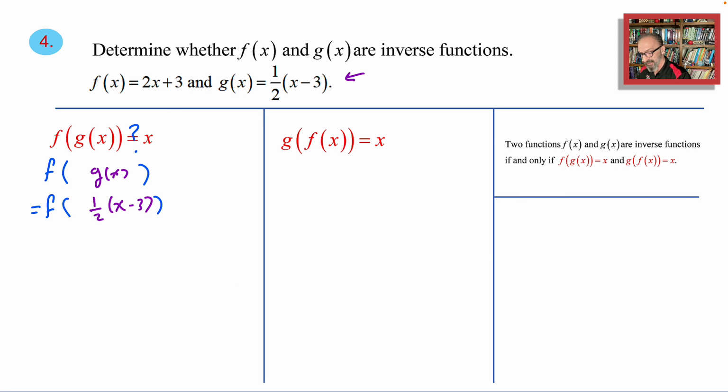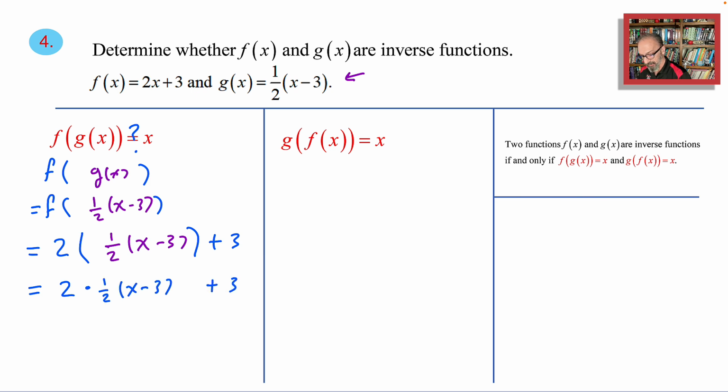So the function f says anything you're given, you multiply it by 2, and once you finish, you add 3. But we are given half times x minus 3. Now if I multiply 2 times half, that's going to simplify to 1. So I have the following. I have 2 multiplied by half times x minus 3, and we have plus 3.